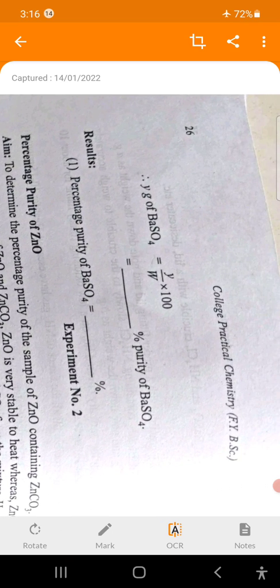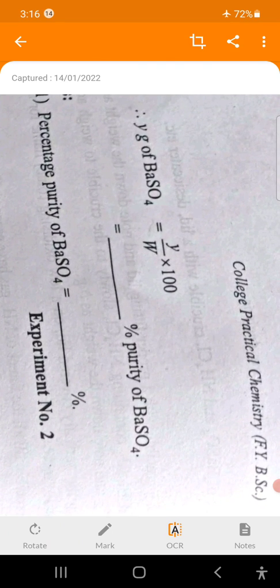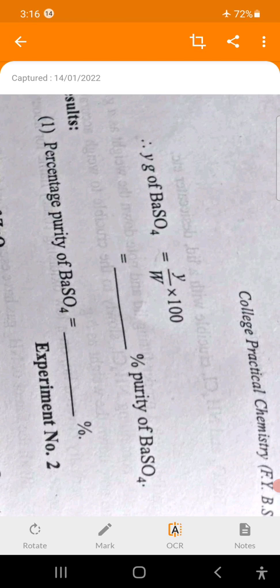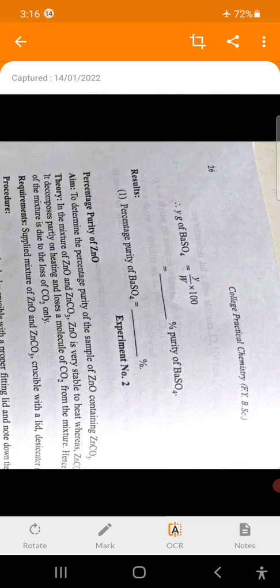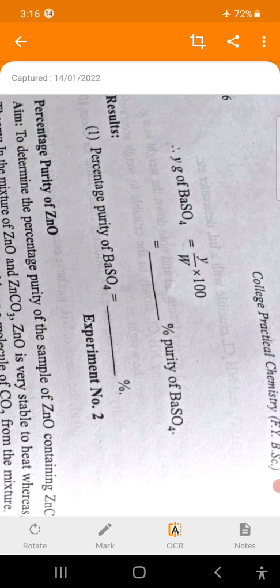Then the percentage purity of BaSO4 is Y upon W into 100, that gives the percentage of BaSO4 in that mixture. What is Y? Y is W minus X. And what is W?